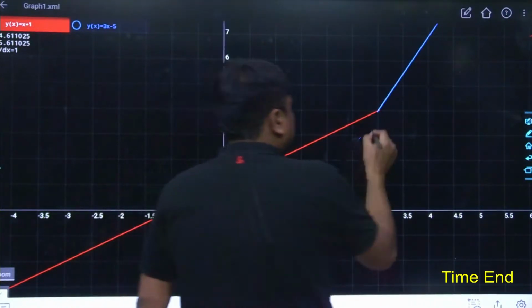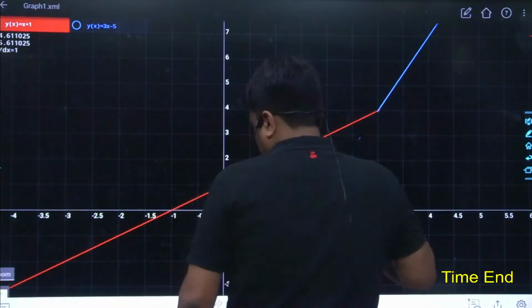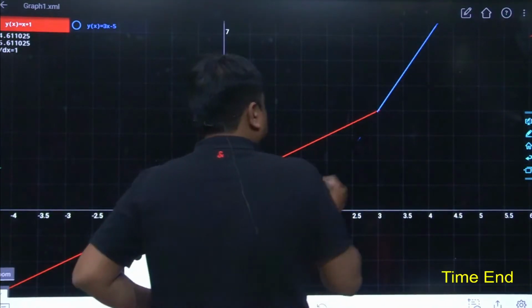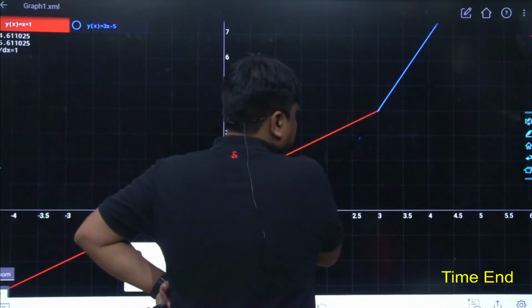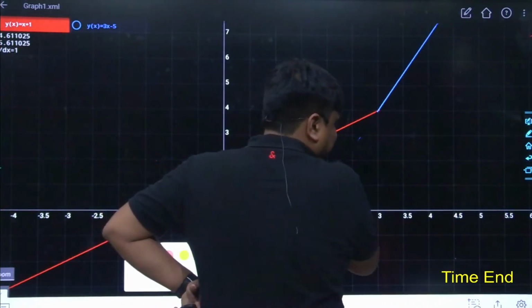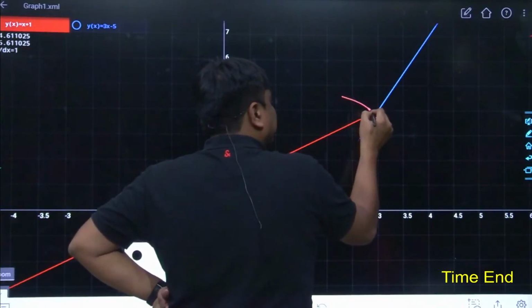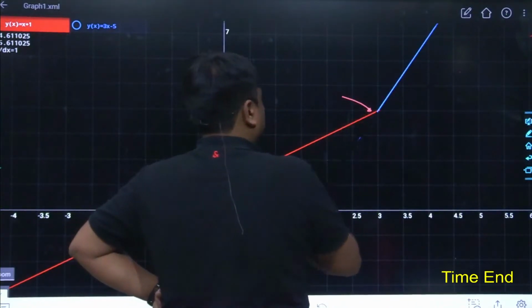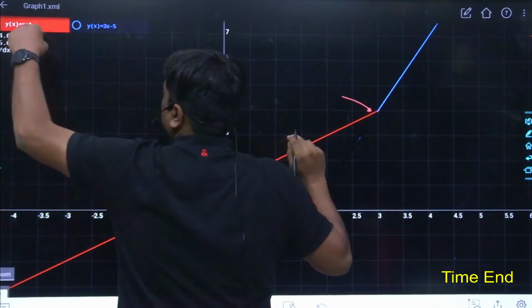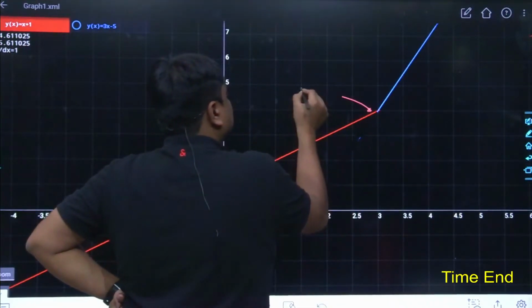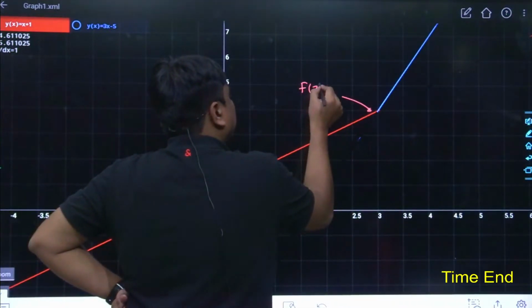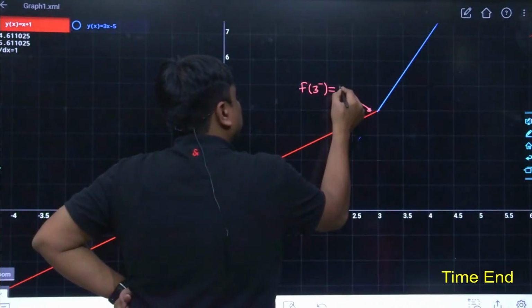So you can see the result which I wanted to communicate: if you had been approaching the function from the left hand side and you had stopped yourself just before 3, the worth of the function is to be asked from this red curve, or I should say from x plus 1, and the worth which we have already calculated is found to be 4.